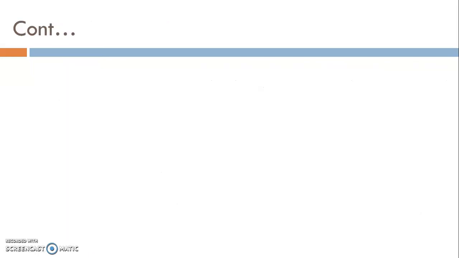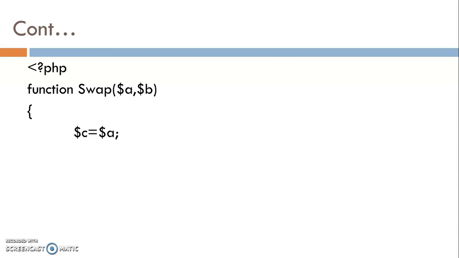Now this passing argument by value is understood by this one program, which is a swapping of two numbers. So I declare one function which is a swap, which receives two variables $a and $b. Okay, now first I write the logic of swapping of two numbers. So I use one variable, say $c.